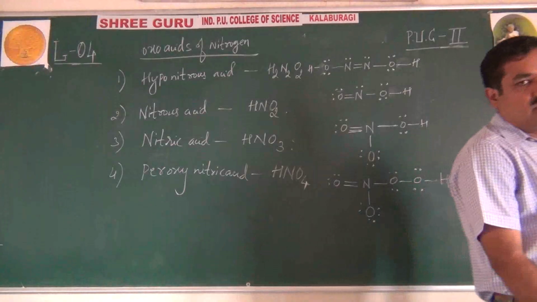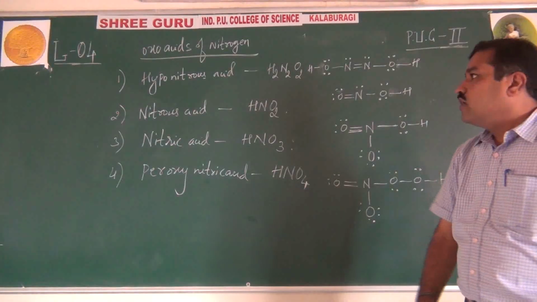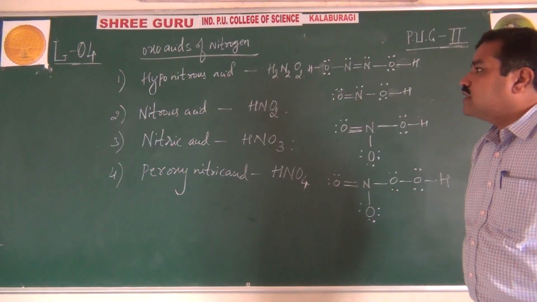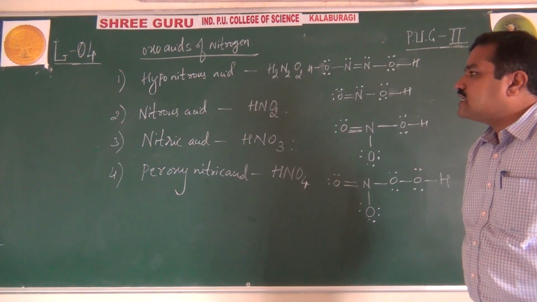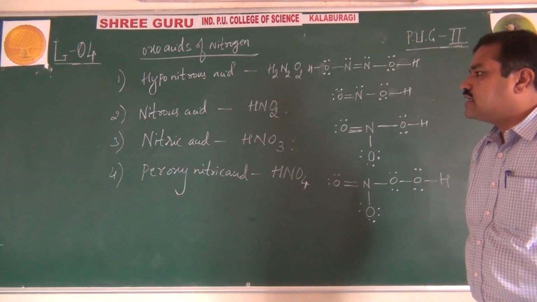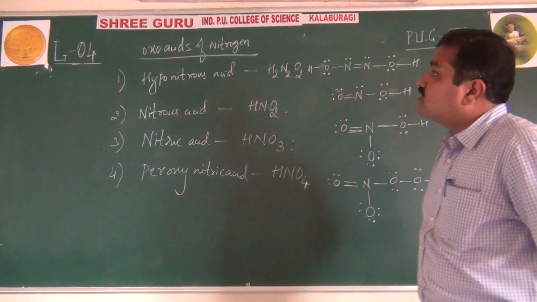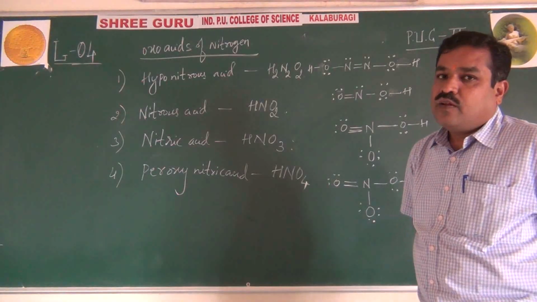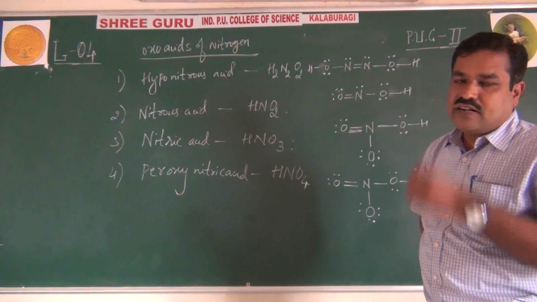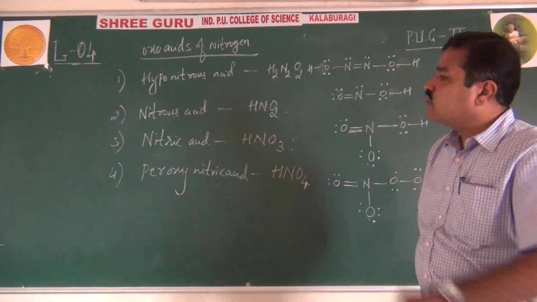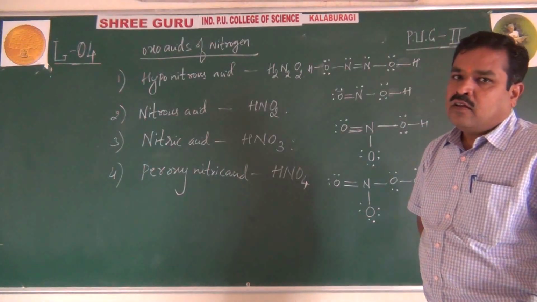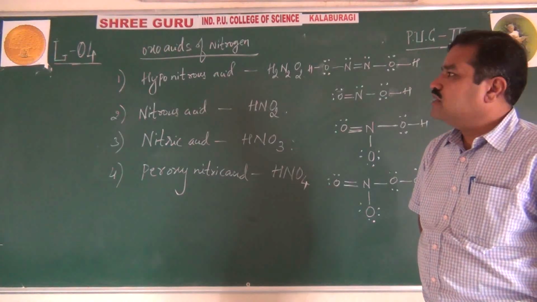These are the Lewis dot formulas or structures of the oxoacids of nitrogen, that is hyponitrous acid, nitrous acid, nitric acid and peroxonitric acid. Yesterday what you studied were oxides of nitrogen, and these are called oxoacids of nitrogen. Generally in the books they are not given clearly, so please remember.